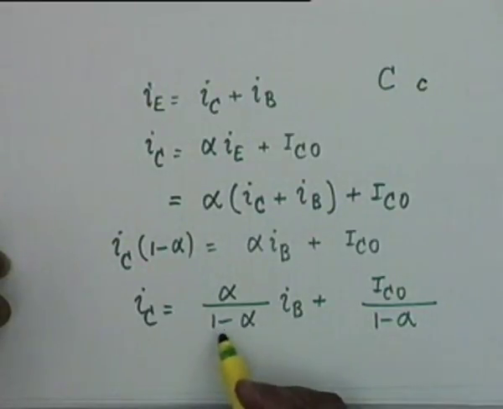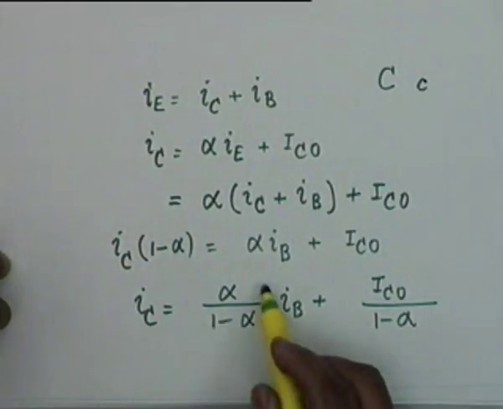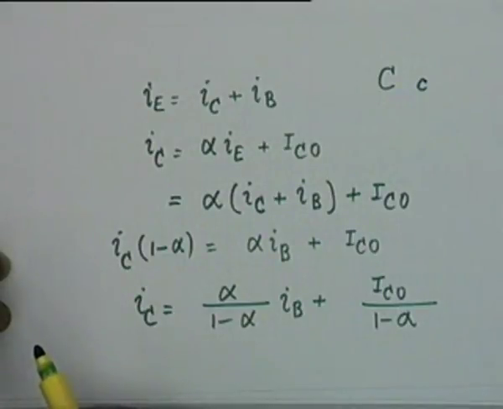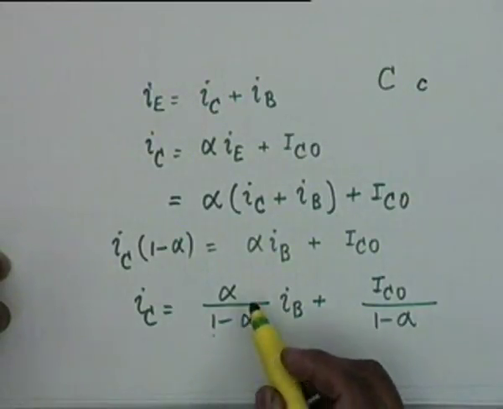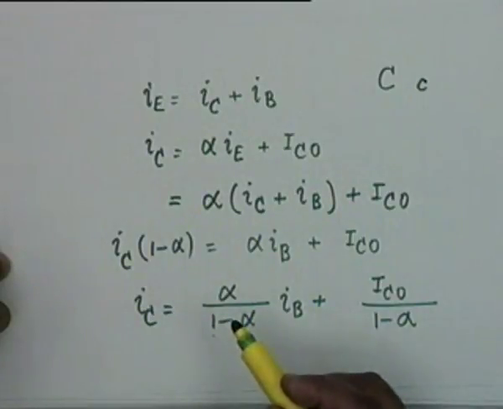And since alpha is very close to unity, naturally this quantity will be very large. For example, if alpha is 0.98, then I get 0.02 here, and therefore this factor will be 49.